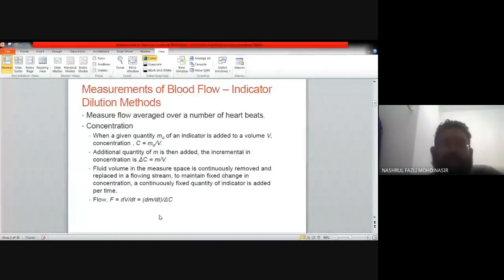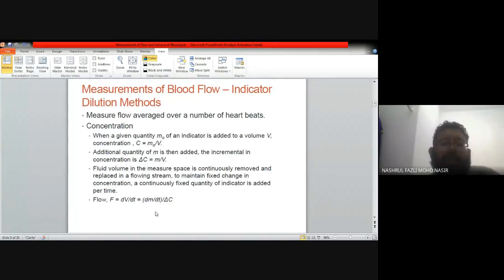Now let's say in terms of flow, so dm by time, and then the changes in the concentration. Maybe you want to measure the difference of the volume, but you don't have the information. But you know the quantity of the indicator, the time, and the incremental in the concentration.